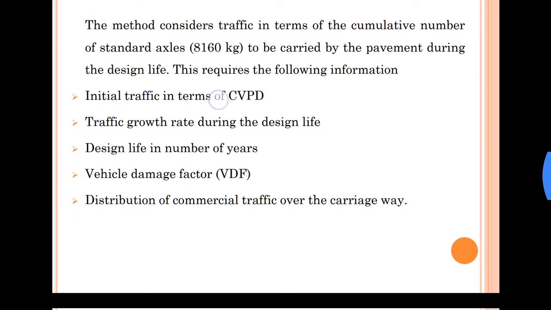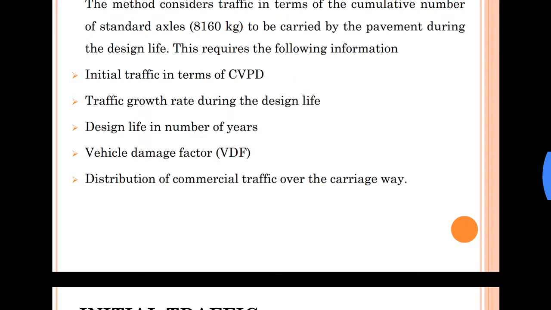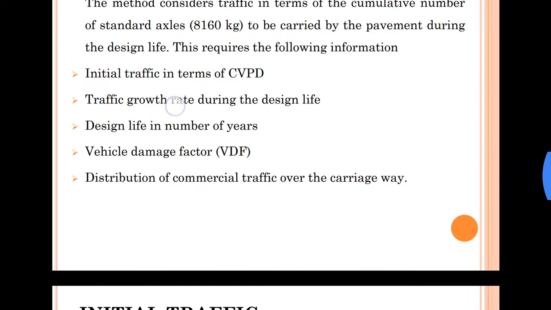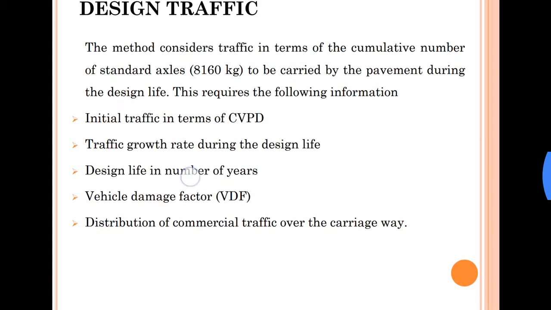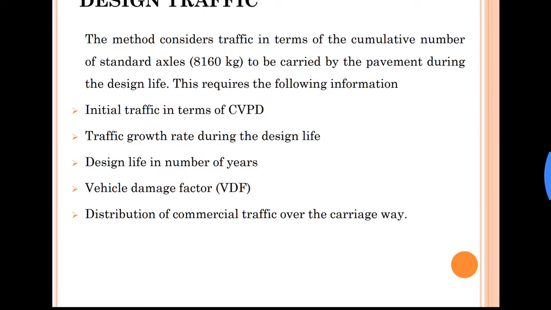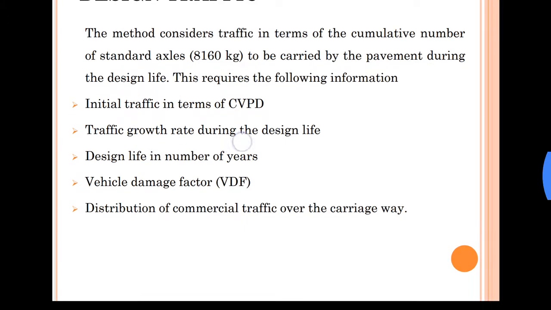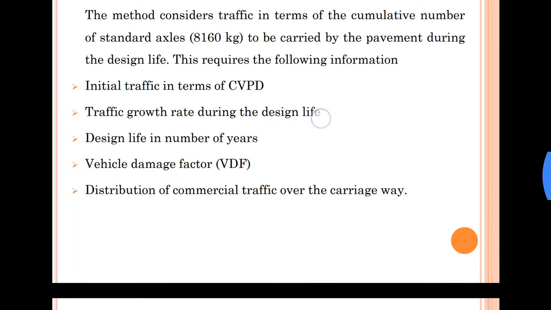Initial traffic in terms of CVPD. CVPD stands for commercial vehicles per day. Traffic growth rate during the design life, that is the growth rate of traffic per year. Okay, we observe some growth in the traffic every year, so we need to consider a particular growth rate.